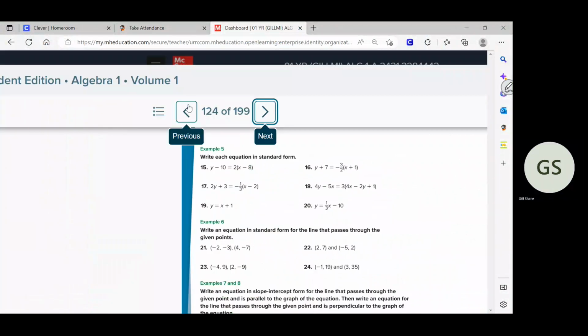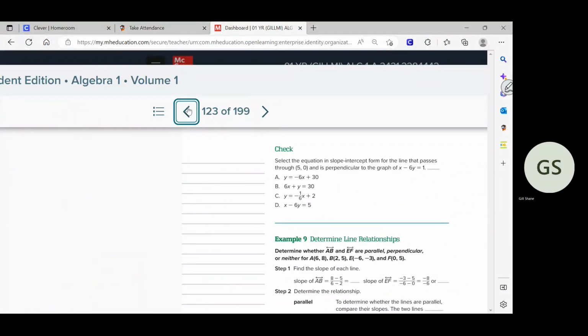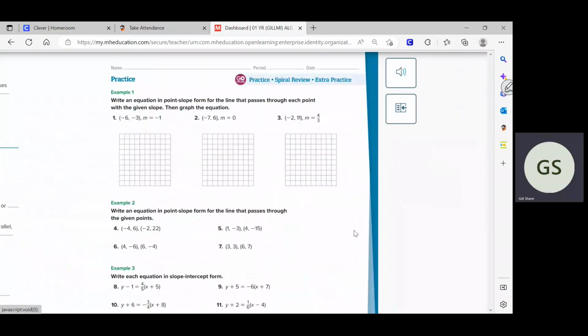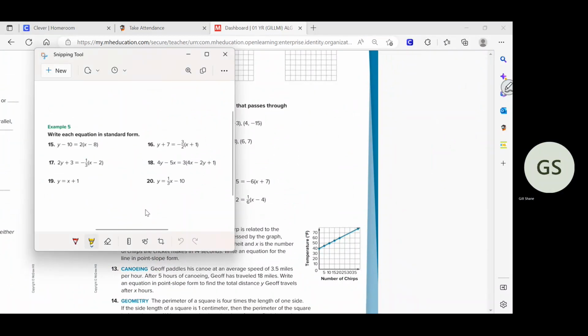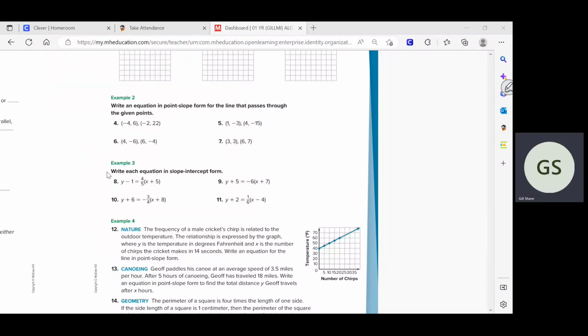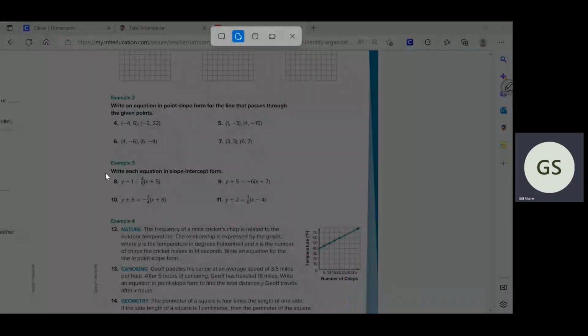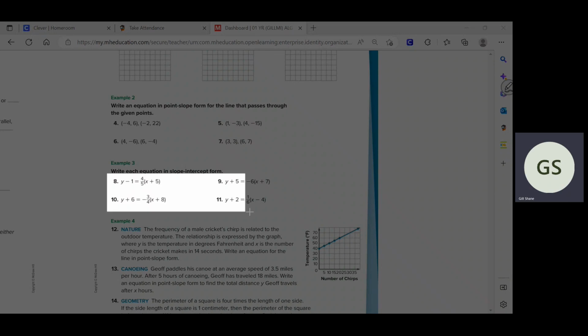Voila. What does voila mean? What language is it? That's what it means. Pretty sure it means here it is. It's French.